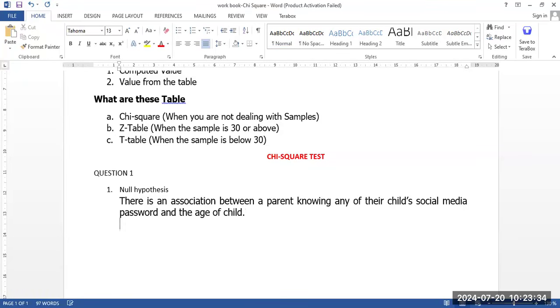Then number 2 is your alternative hypothesis.